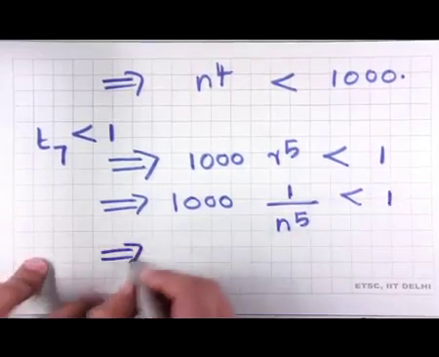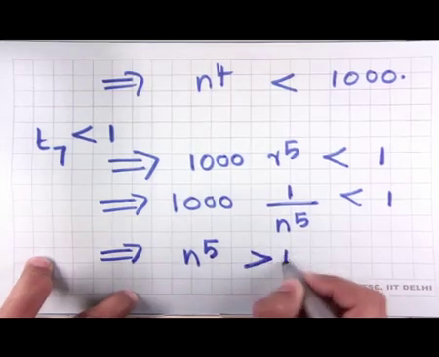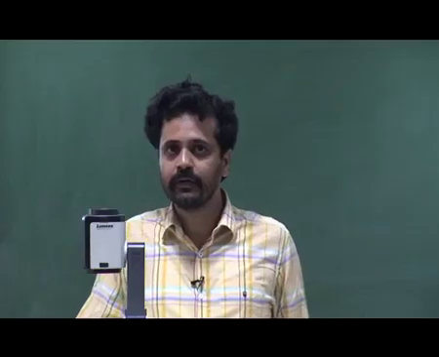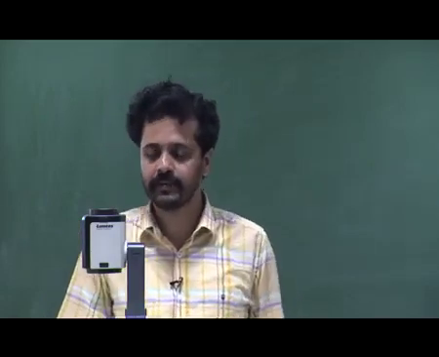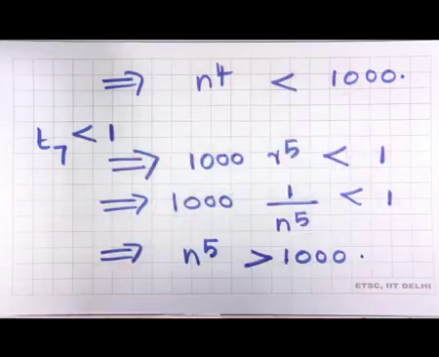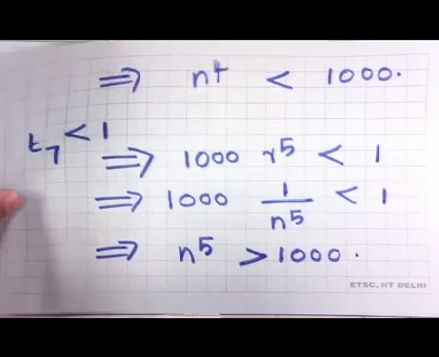That implies n power 5 is greater than 1000. Thus, we are searching for all possible values of n with n power 4 less than 1000 and n power 5 greater than 1000.